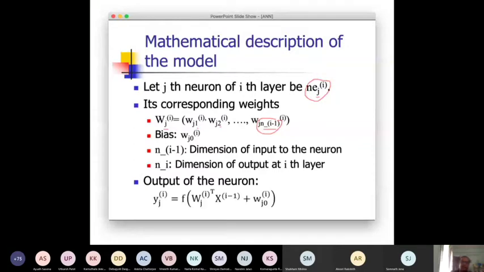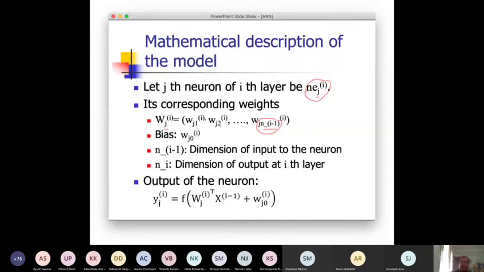And the output of the neuron can then be expressed in this mathematical form. This function also denotes a pointwise operation on each element of the matrix.